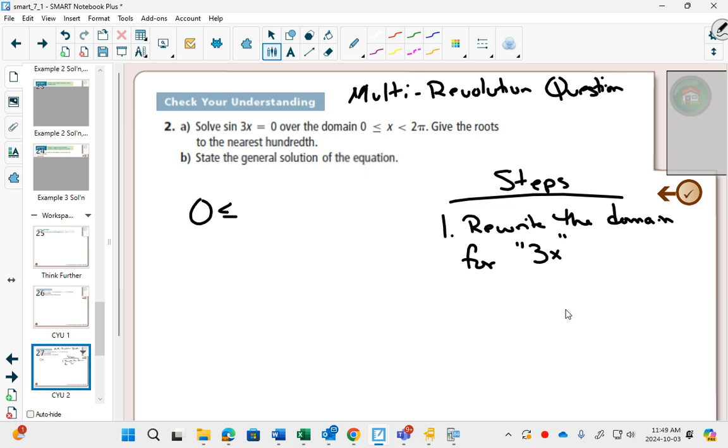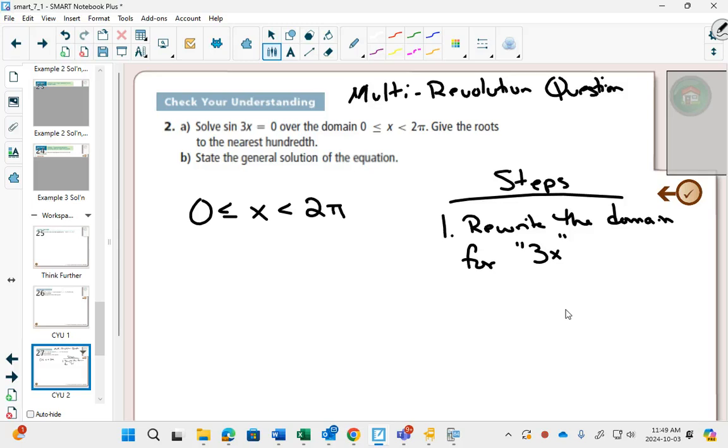If x is between 0 and 2 pi, whoa, notice that they didn't include the equal sign here? They're trying to trick us, I tell you. Careful. If x is between 0 and 2 pi, what is 3x between? 0 and 6 pi. This is like if I got you to pick a number between 1 and 10, and then I told you to multiply it by 3.